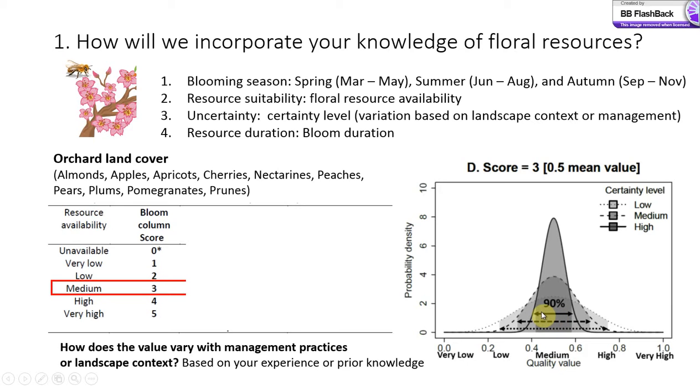However, if you think it varies down to low quality to high quality according to possible management practices or landscape context, then you choose low certainty level. This indicates orchard land cover provides averagely medium quality value, but it often varies down to low and up to high.